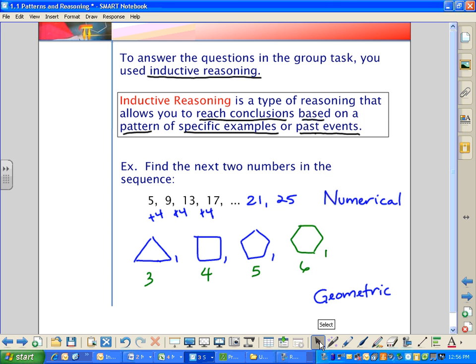A 7-sided figure is actually called a heptagon. It's hard to draw, but we'll try it out here. 1, 2, 3, 4, 5, 6, 7. All right, that's pretty close. That's a good 7-sided figure there. And then that sequence could continue. So looking at a pattern, making a conclusion about the pattern based off of what's already happened is inductive reasoning.